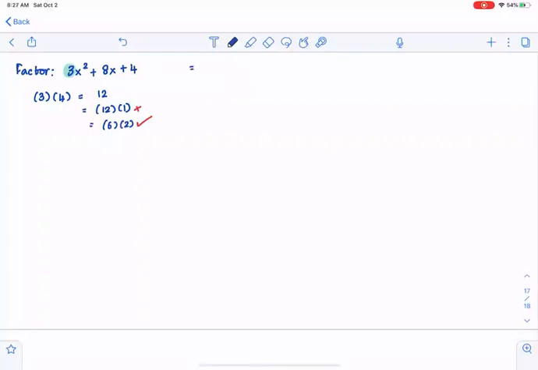So I could write 3x squared plus 8. The 8, I can split it up as 6 plus 2, times x plus 4. Which would give me 3x squared plus 6x plus 2x plus 4. I have a 3x in common in the first two terms. So if I pull 3x out, I'll be left with x plus 2.